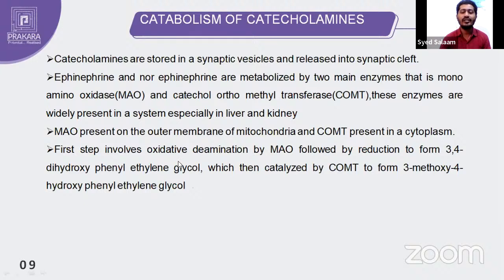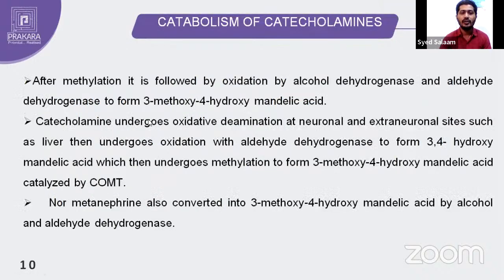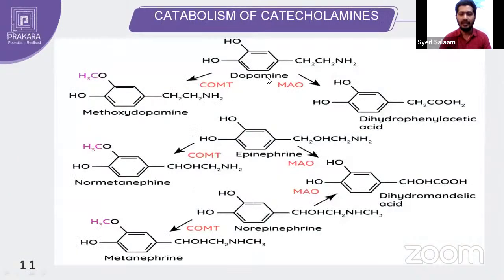First is oxidative deamination by monoamine oxidase, followed by reduction to form 3,4-dihydroxyphenylethylene glycol. Dopamine can be acted on by two enzymes, either monoamine oxidase or catechol orthomethyl transferase.